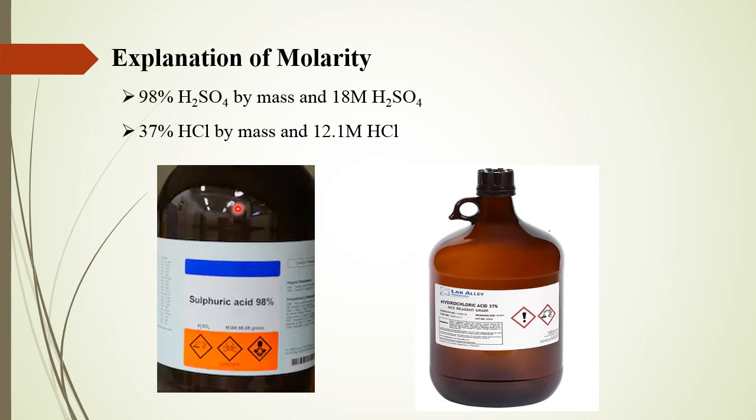Again, here is a concentrated HCl solution. If you see, it's written over here that this is 37% HCl by mass. What does it mean? That 37 gram of HCl is present in 100 gram of the solution, and 12.1 molar HCl means that 12.1 moles of HCl are present in each dm cube of the solution.